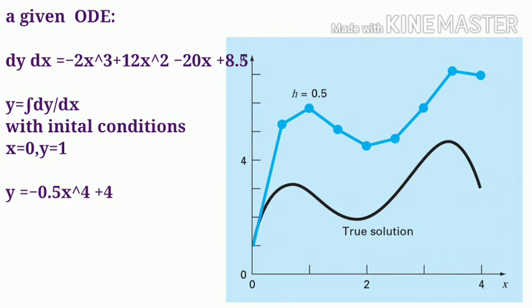If we integrate it with initial condition x equal to 0, y equal to 1, we will get this equation: y is equal to minus 0.5 x raised to 4 plus 4x cube minus 10x square plus 8.5x plus 1. So here in this figure you see this black curve. It shows the actual variation of y.